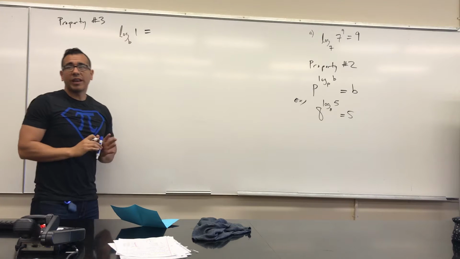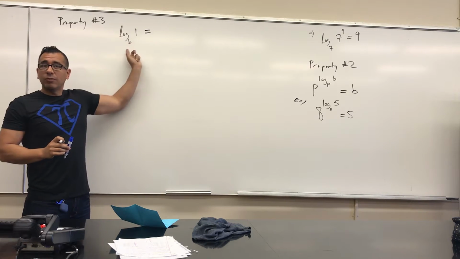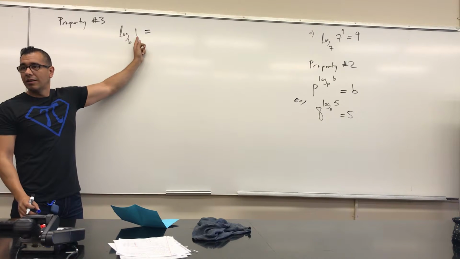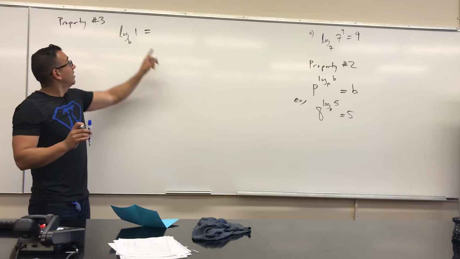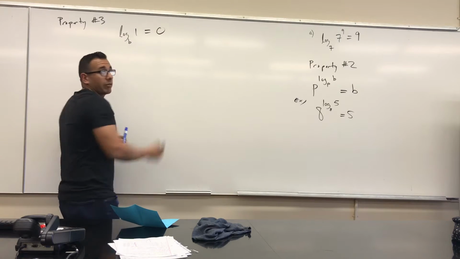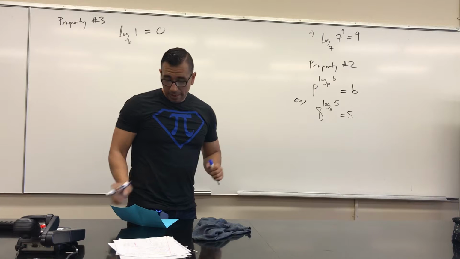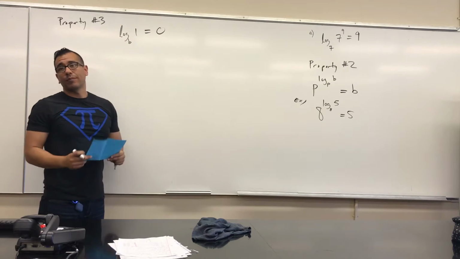So remember what we're looking at: b raised to what power is going to give me an answer of 1? 0, right? So anytime your argument is 1, your outcome is going to be 0. Bam.